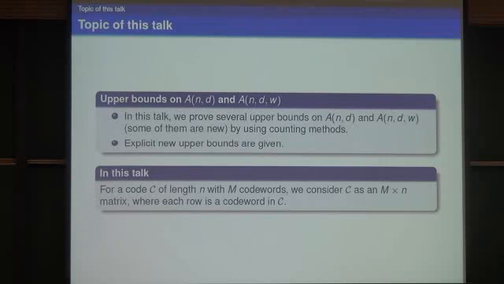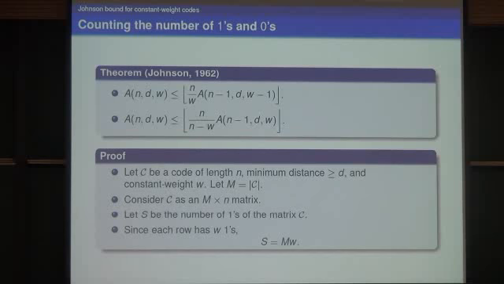So what we do is we will count the number of submatrices of this matrix. That's the general idea. The simplest case is counting the 1 by 1 submatrix. That's it, count the number of entries which satisfy some property.